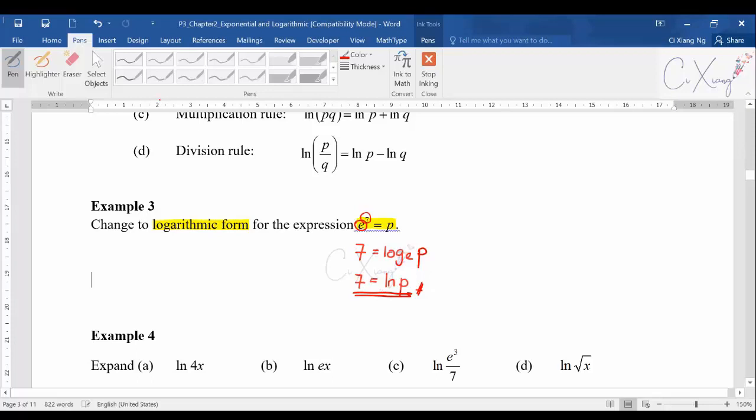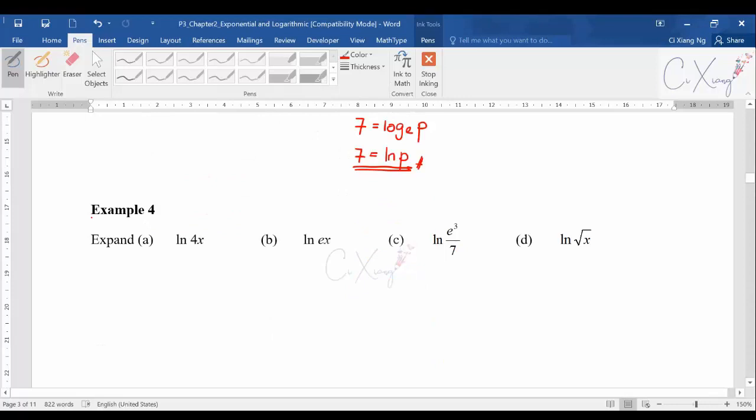Then for example 4, they want you to expand every single term here. I will leave it for you to expand, and I'll just write out the final answer here. And also example 5, I want you to try and combine them to become a single log.